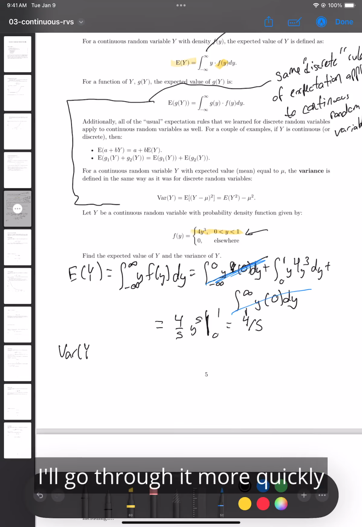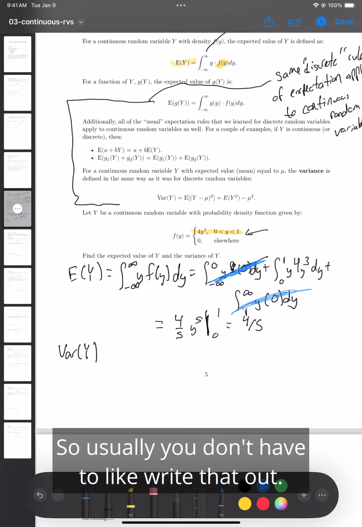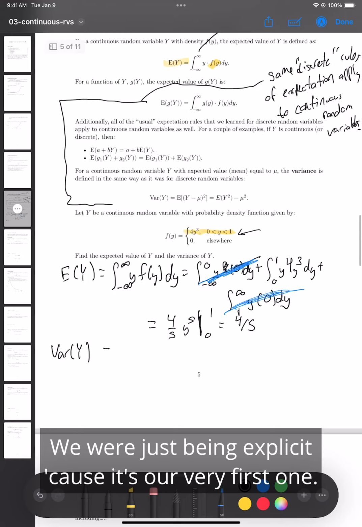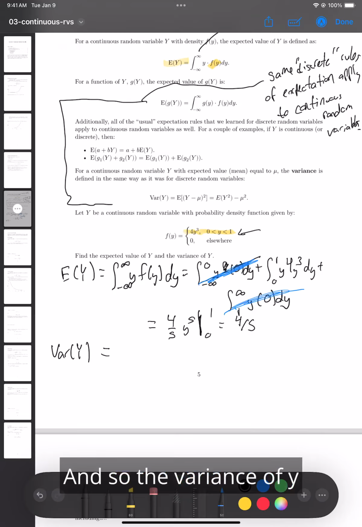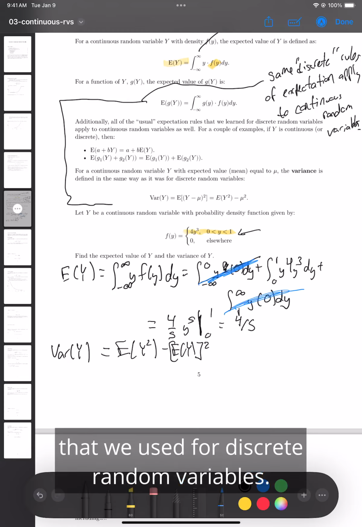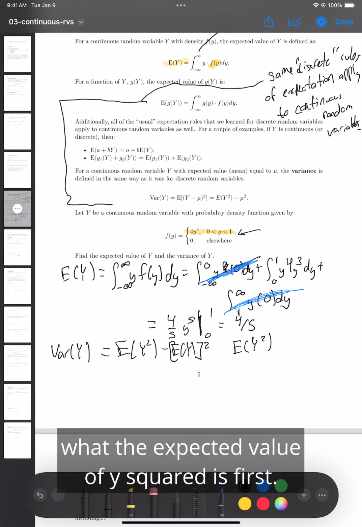I'll go through it more quickly, and I'll skip over the crossing out part like I did here. Usually you don't have to write that out. We were just being explicit because it's our very first one. The variance of y is still going to be equal to the little shortcut formula that we used for discrete random variables. So we first figure out the expected value of y squared.